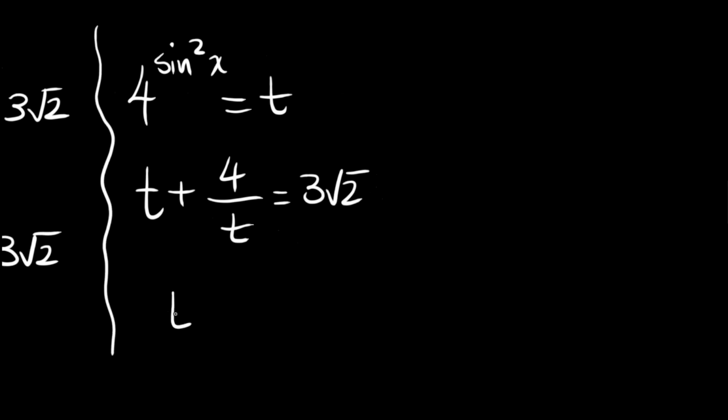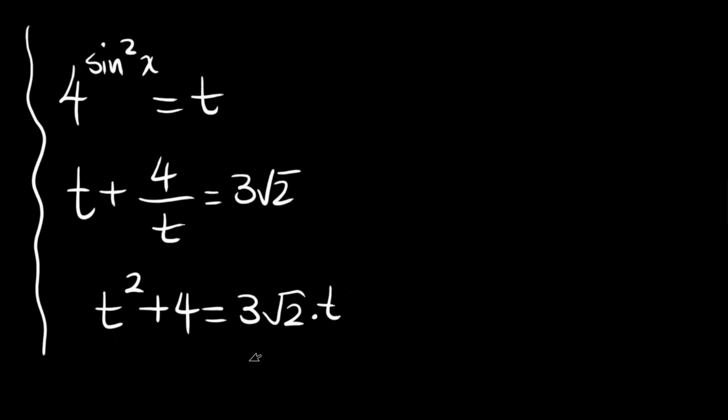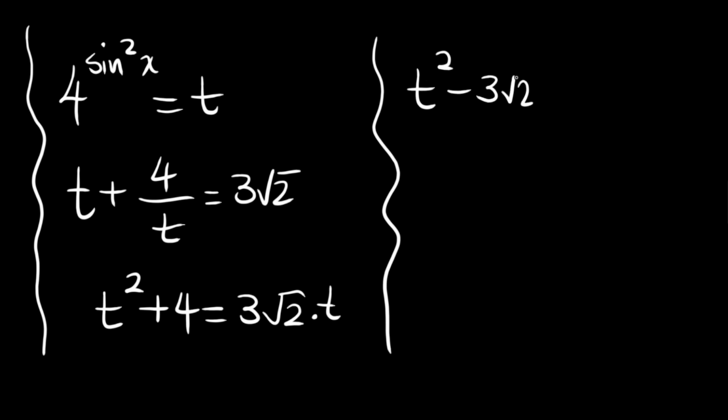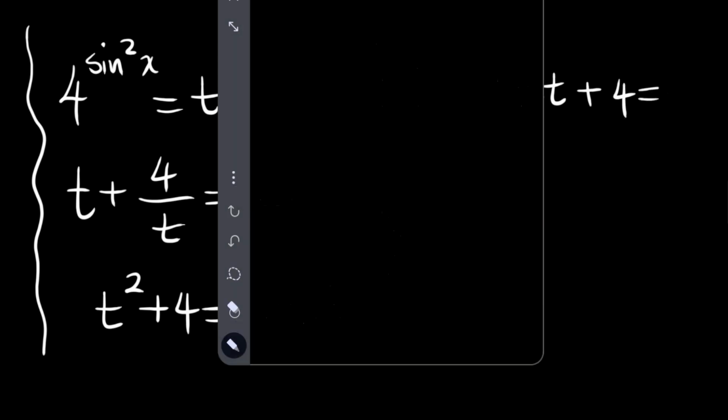We have t squared plus 4 is equal to 3 times root 2 times t. This is a quadratic. Let me solve this. We have t squared minus 3 times root 2 times t plus 4 is equal to 0.